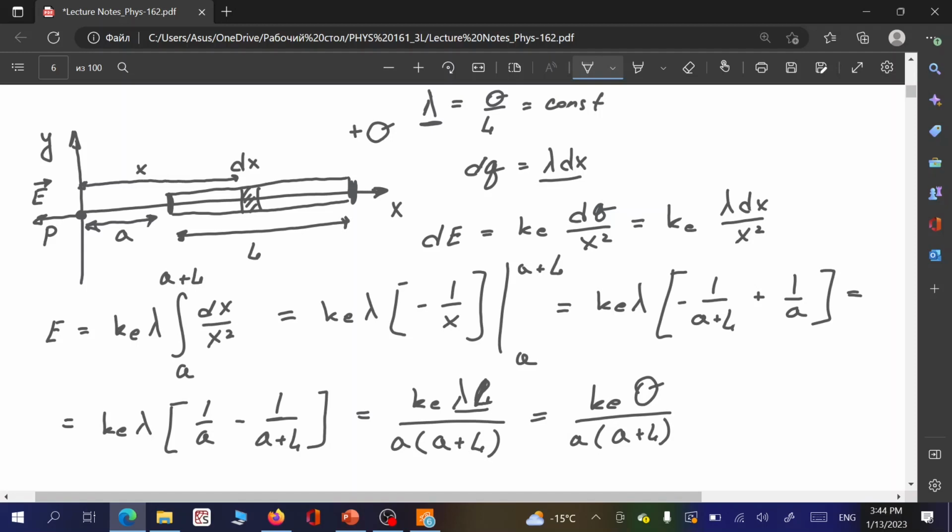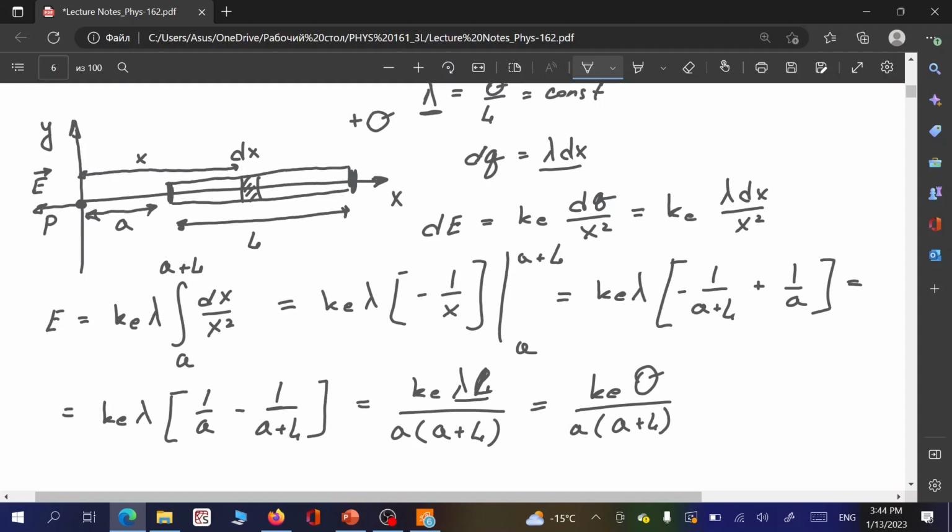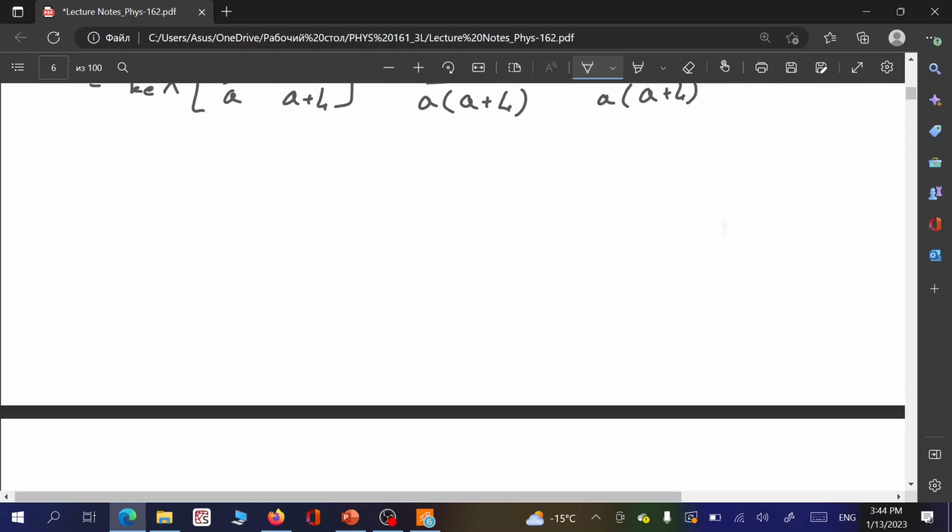Another important concept which we need to introduce before the end of this lecture is the concept of electric field lines. In order to simplify the graphical representation of the electric field, so-called electric field lines were introduced.